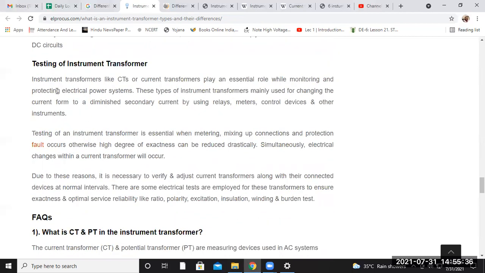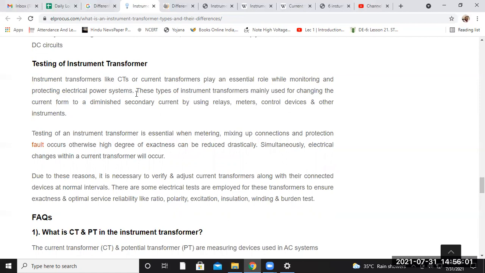It is written here: instrument transformers like CTs, CTs meaning current transformers, play an essential role while monitoring and protecting the electrical system, because this CT is connected to the relay, and this CT is used to protect the relay, as it reduces the current flow through the relay. So this can be called the protection system for the relay that is connected in the power circuit.